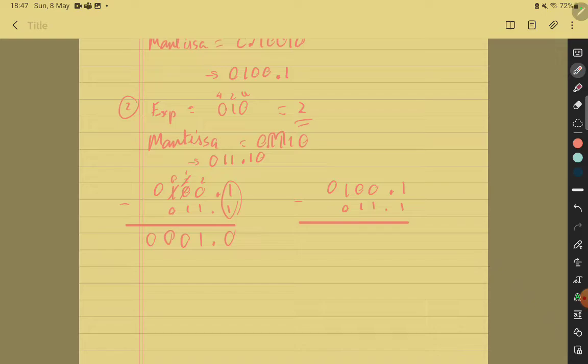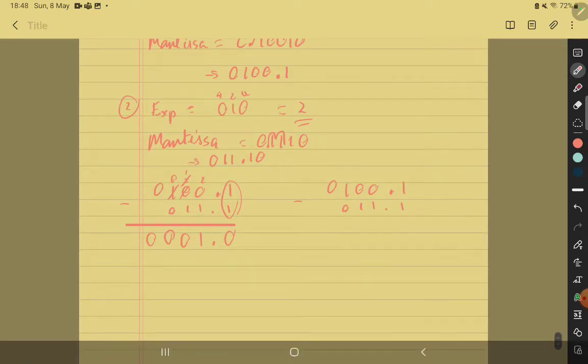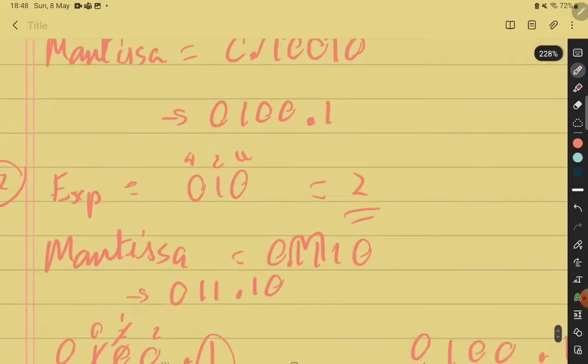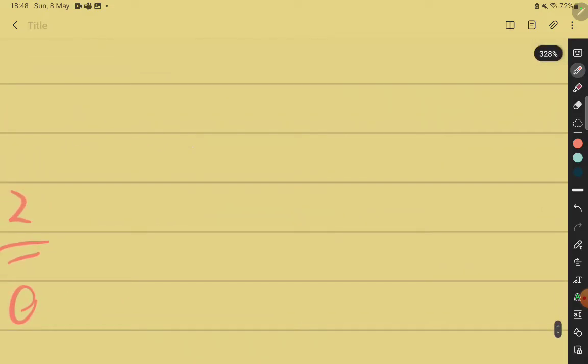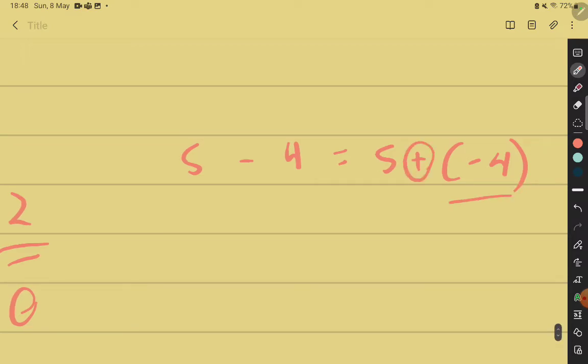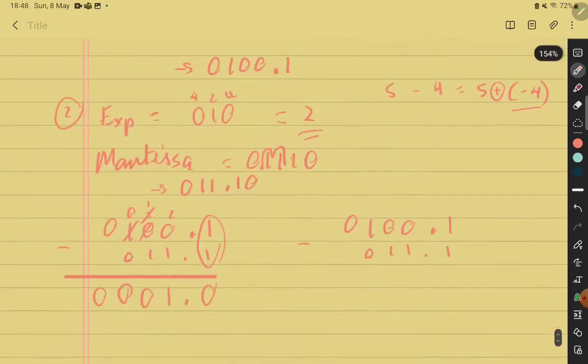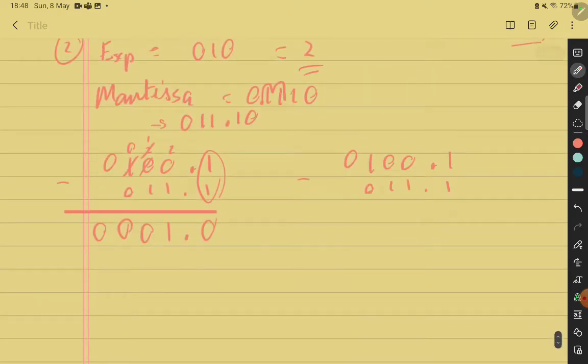However, we can also do this in a different method, using 2's complement. In regular maths, 5 minus 4 is the same as 5 plus minus 4. Basically, we just added a negative version of the number. We can do the same with binary numbers.